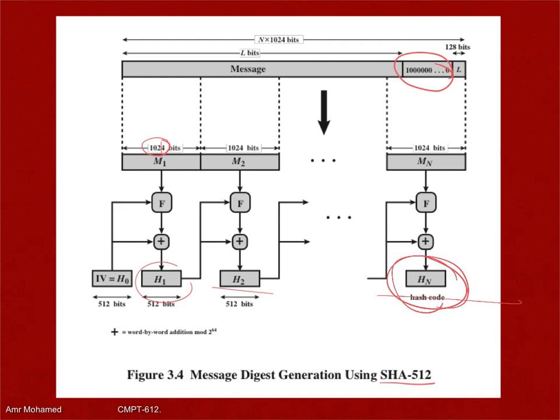But remember, because you are doing padding, you always have to store the unpadded length of the message. Right? So that's why we have L here. So the maximum length of the bits is 2 to the power 128 for the SHA 512, and that's why we have the last 128 bits to represent the length of the unpadded message.